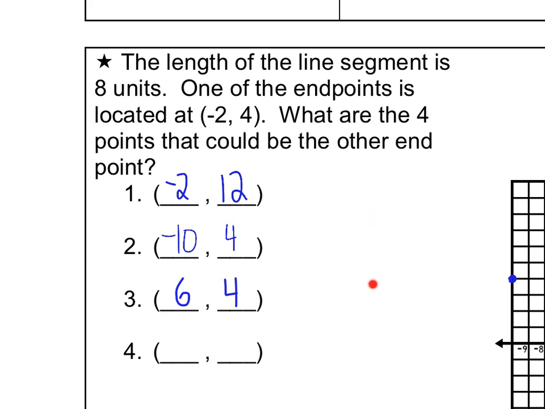So we're going to stay along that x = -2 line, but we're going to take y and subtract 8 from 4. So if we're at 4 and we go down 4, that's at 0. Then another 4 is -4. So -2, -4 is our other point. And you can see I've got 2 points here with the same y coordinate and 2 points with the same x coordinate. But the other coordinate that is changed is 8 units away from the unit in the original ordered pair.